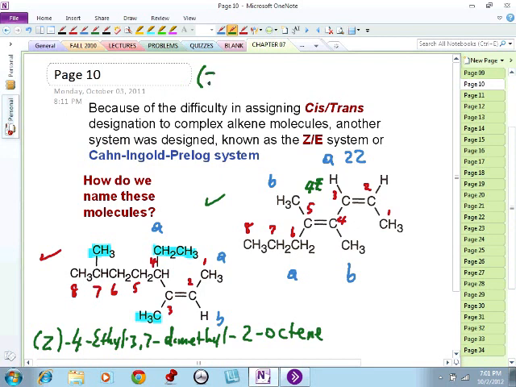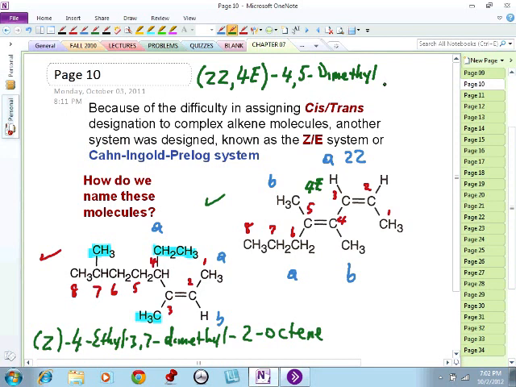Now it becomes 2Z, 4E, parentheses, 4,5-dimethyl-2,4-octane.